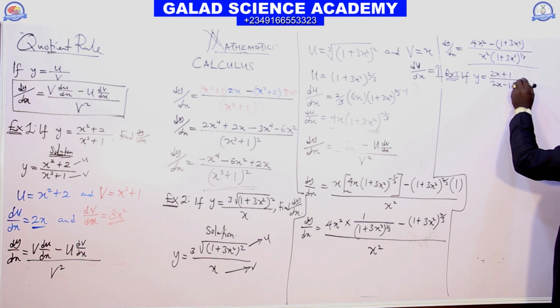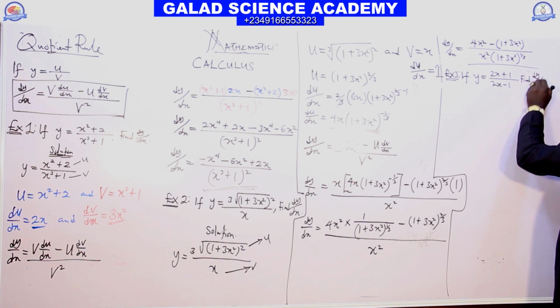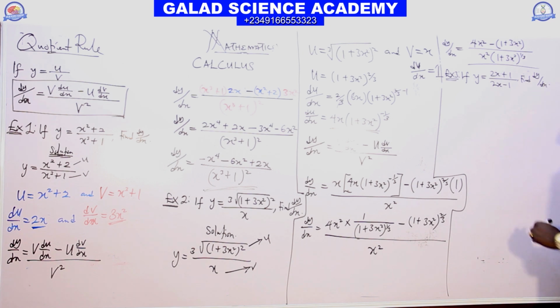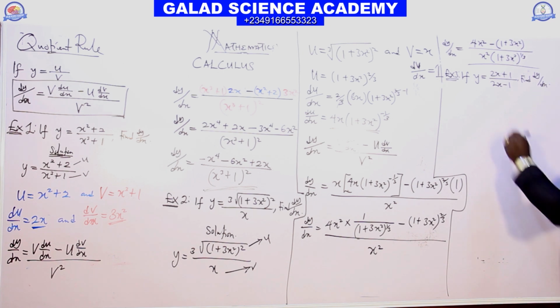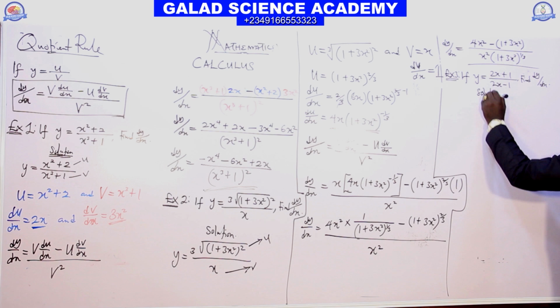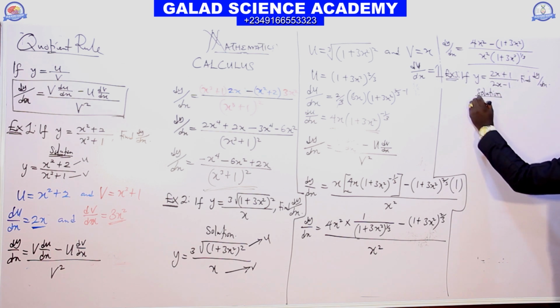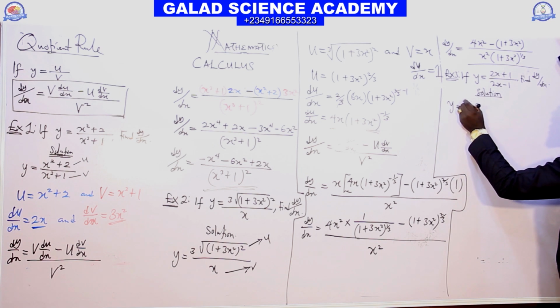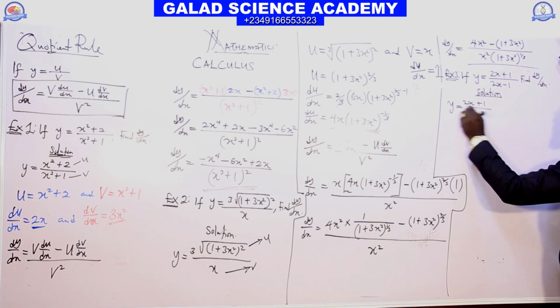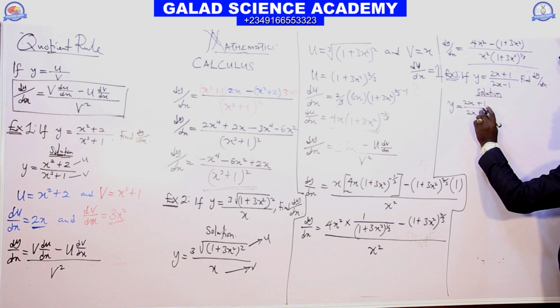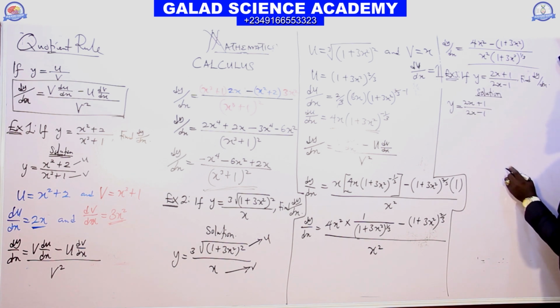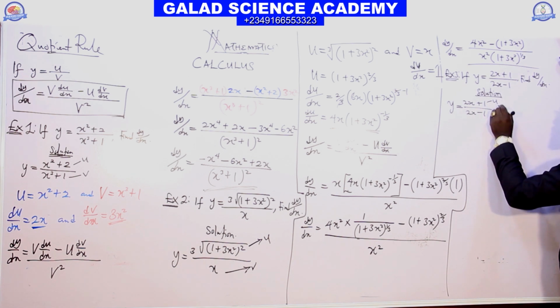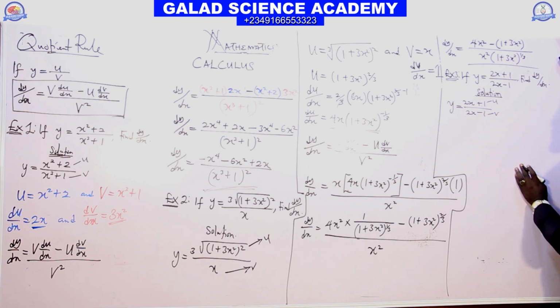Yes, you are now asked to find dy/dx. Solution: we have y equal to 2x plus 1 over 2x minus 1. This is u, this is v.